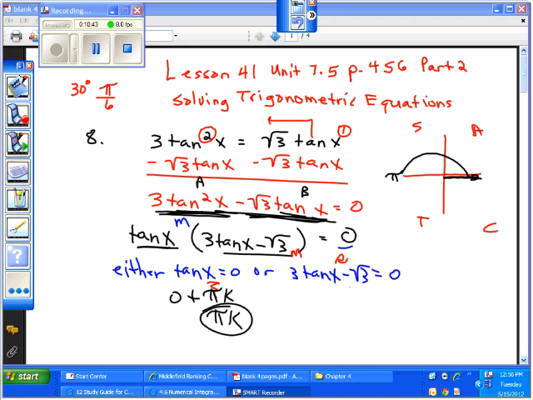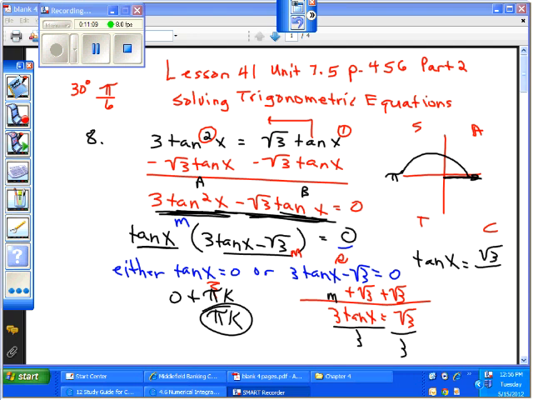All that good stuff we learned in Algebra 1, page 33. And so we're going to add the square root of 3 to both sides, and we're going to have 3 tangent x equals square root 3. We're just getting the junk off of x. Now we're going to undo multiplication by division, and we have the tangent of x is equal to the square root of 3 over 3.